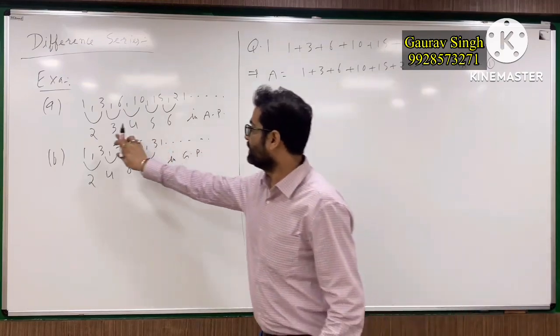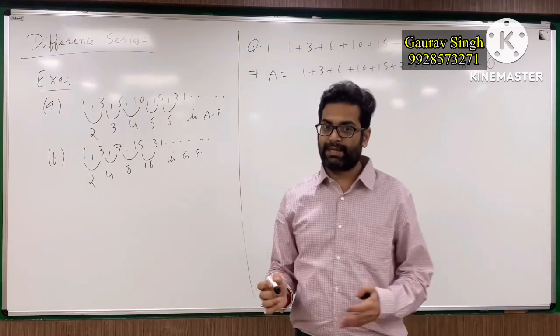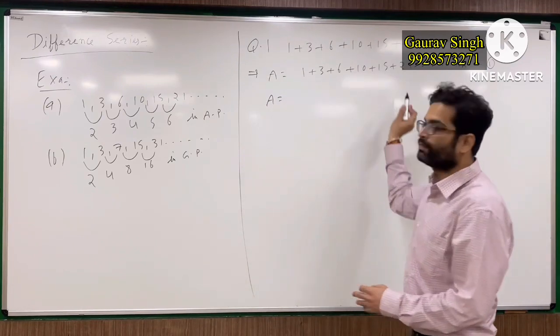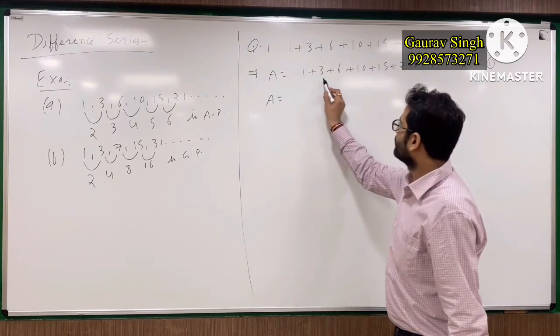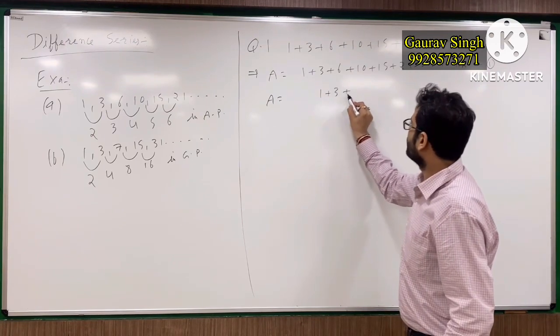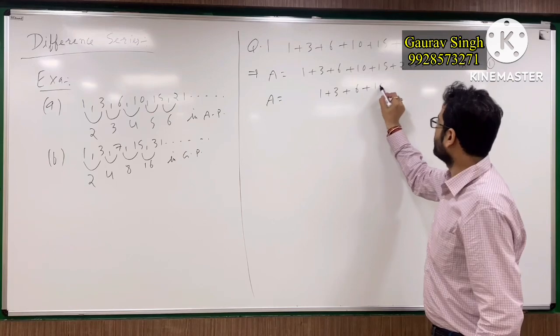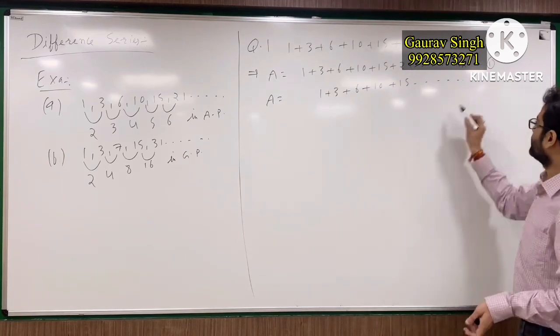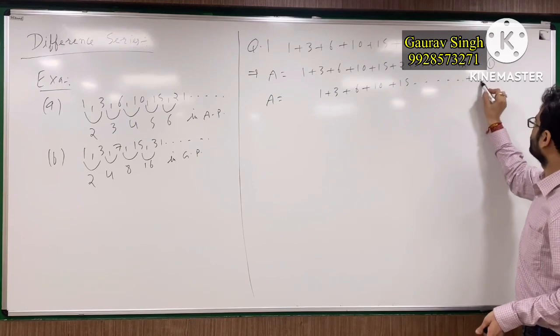We know the differences of the series are in AP. So we rewrite the equation and shift the terms by one term: A equal to 1 plus 3 plus 6 plus 10 plus 15, so the nth term shifts by one term.